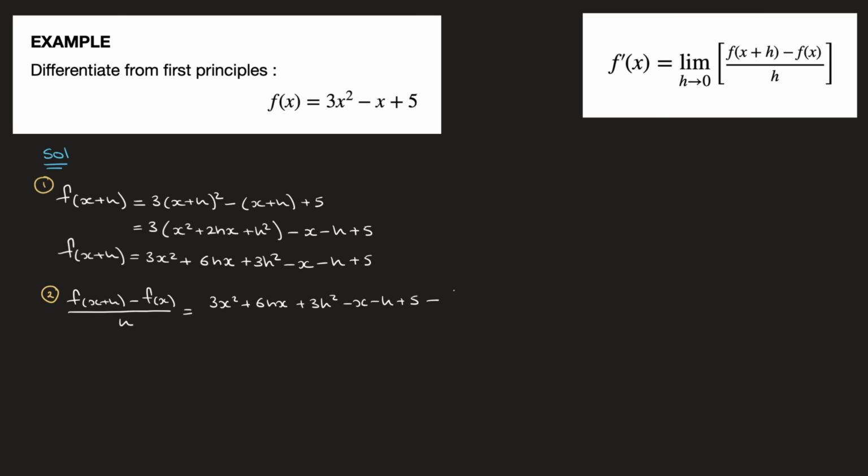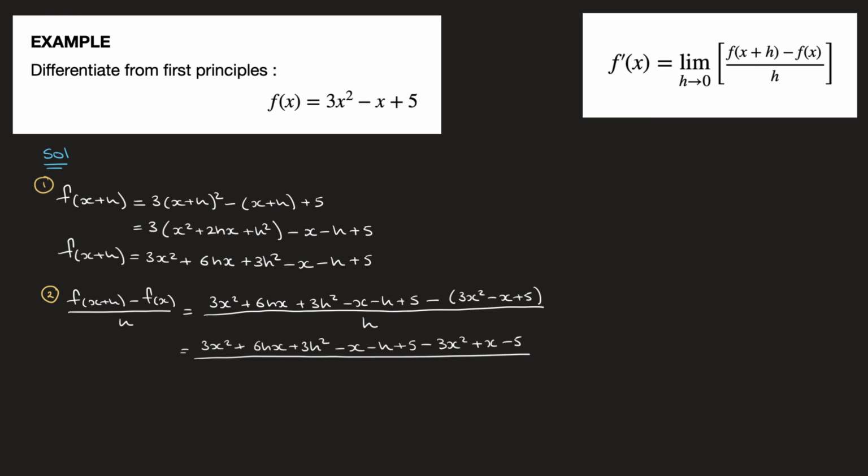I write that in a pair of parentheses, and all of that is written over h. Next, I open up this pair of parentheses, so this becomes 3x squared plus 6hx plus 3h squared minus x minus h plus 5 minus 3x squared plus x minus 5. And again, all of that's written over h.